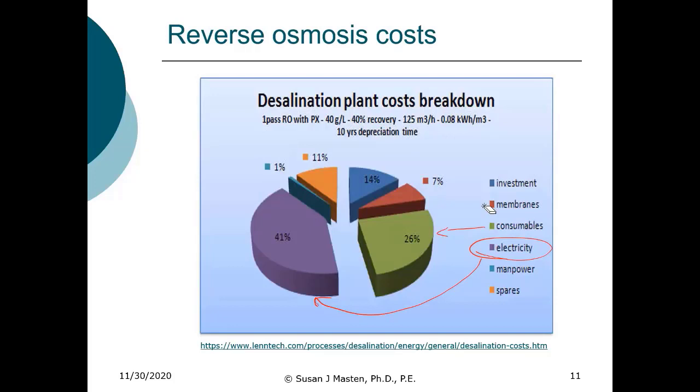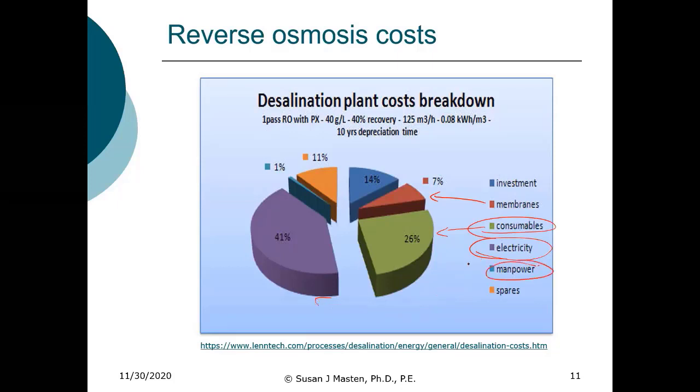This here is more of the actual housing for the membranes. It also includes chemical costs. As we talk about, there's often chemical pre-treatment and post-treatment that we need. Cleaning of the membranes, we'll talk about fouling. So all that would be in consumables, and then just in spare parts, investment costs.